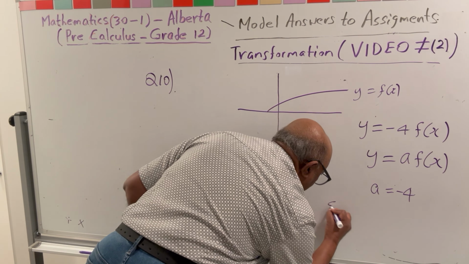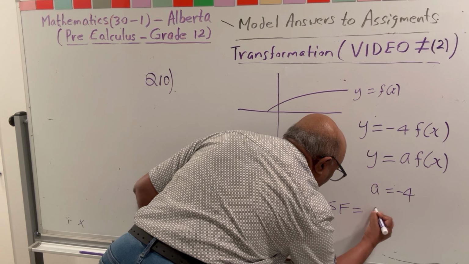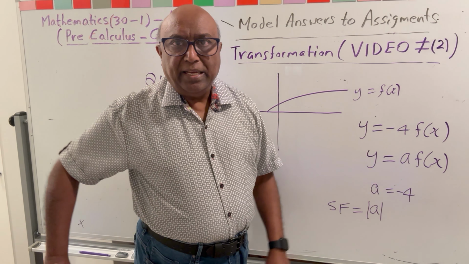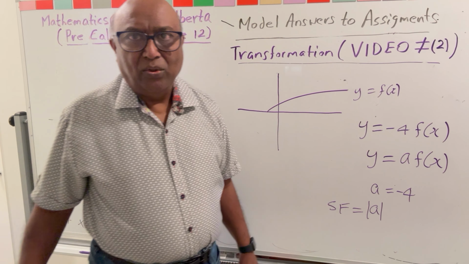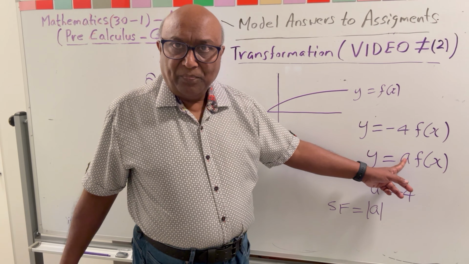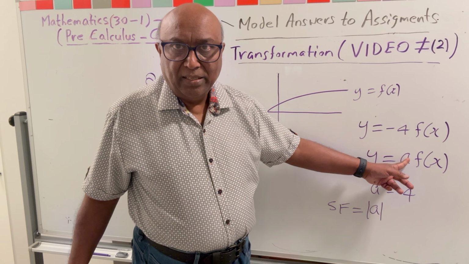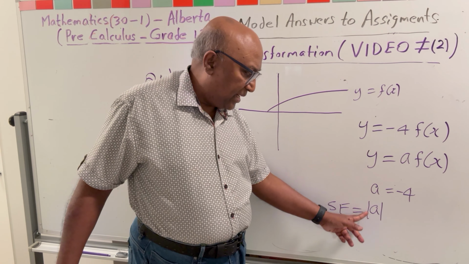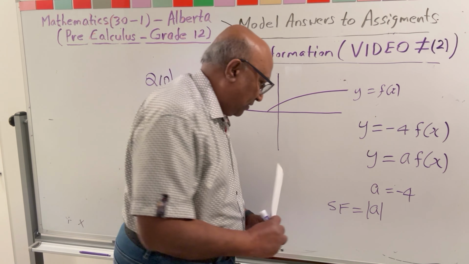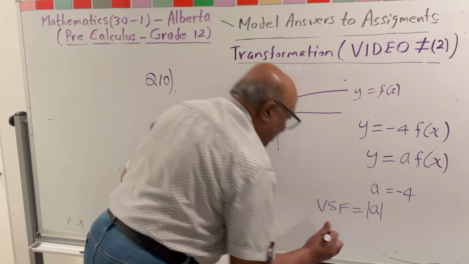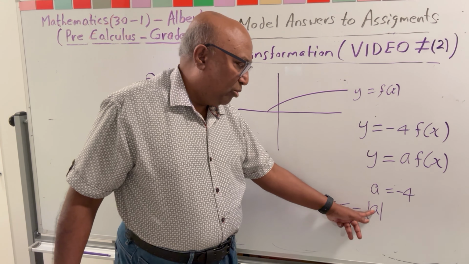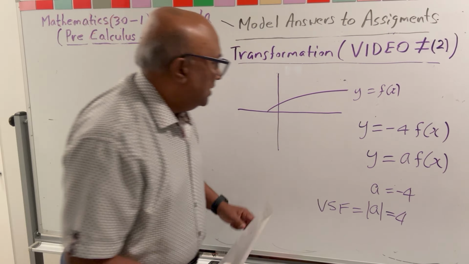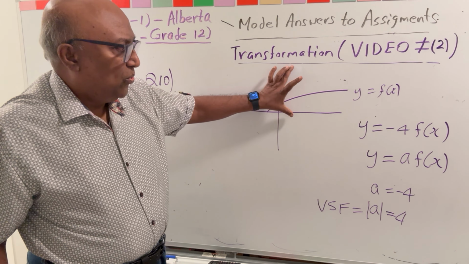That means the stretch factor is the absolute value of a, because a impacts the vertical stretch. That means the function has been stretched vertically by factor a. The vertical stretch factor equals the absolute value of a, that is 4. That means the new function is stretched by factor 4.